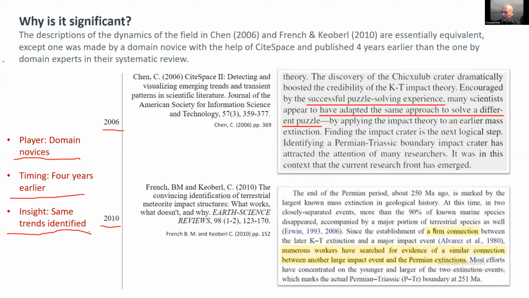So one of the points I want to emphasize here is that evidently we can achieve this by carefully analyzing the patterns and trends that appear in the study of scientific literature without the domain knowledge.